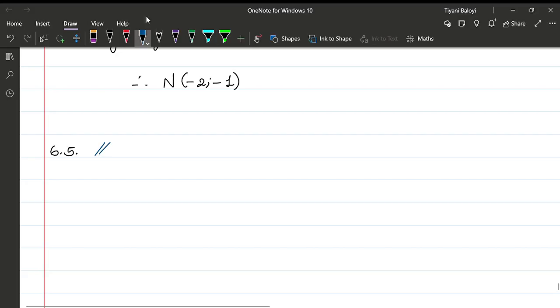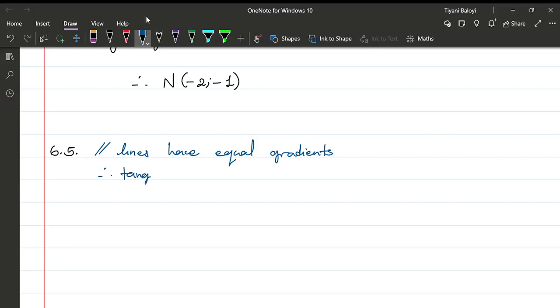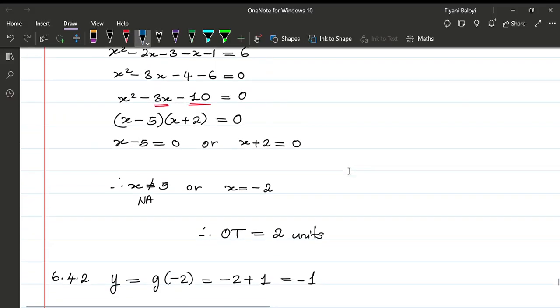Parallel lines have equal gradients, right? Therefore, the tangent line to f, its gradient is equal to 1, which is equal to the gradient of g, right? So it is a gradient of 1, okay?